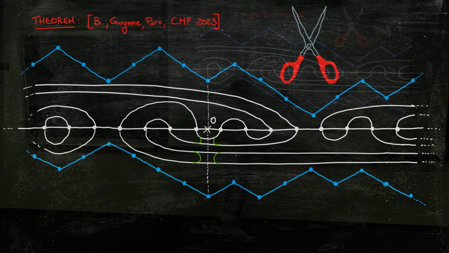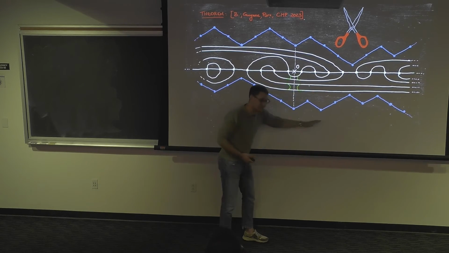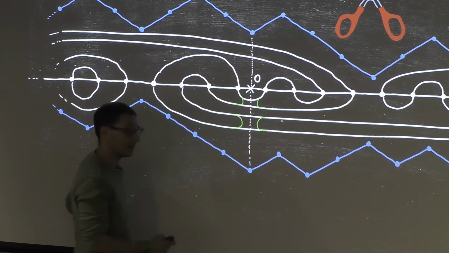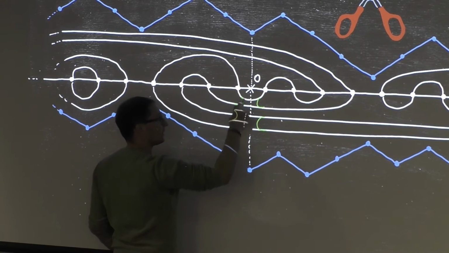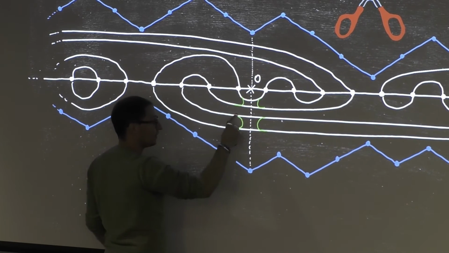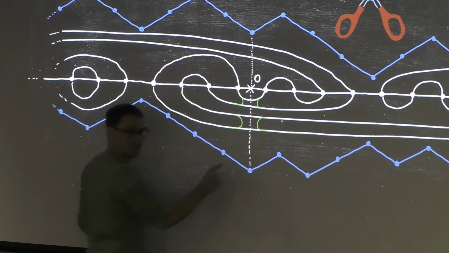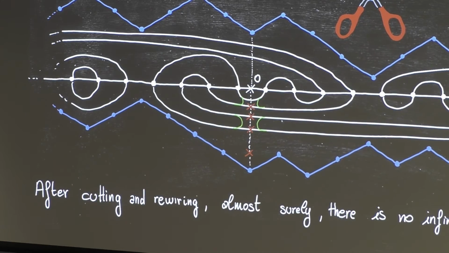So you cut here, and I want to stress that there are infinitely many arcs you cut. Then you do this rewiring operation. The first one that has been cut, you reglue on the left with the second one, the third one with the fourth one, and you redo the same with the other ones. What we prove is that after this operation, almost surely there are no infinite loops.